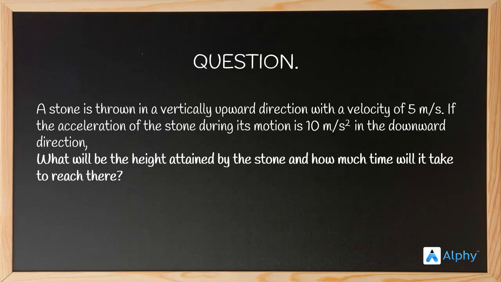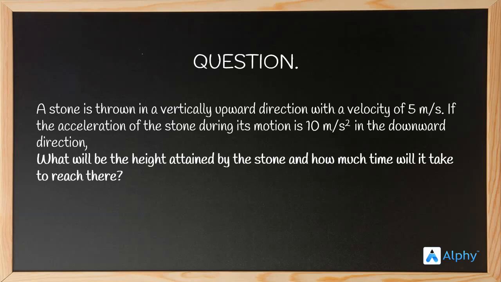Particularly here, the stone is thrown in a vertically upward direction with a velocity of 5 meters per second. It starts with 5 meters per second from your hand, right? So, initial velocity is 5 meters per second. The acceleration of the stone during its motion is 10 meters per second square in the downward direction.